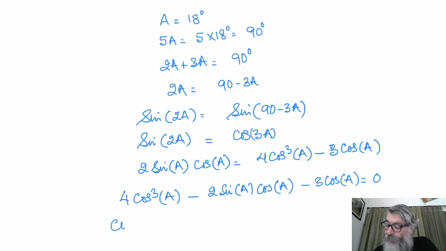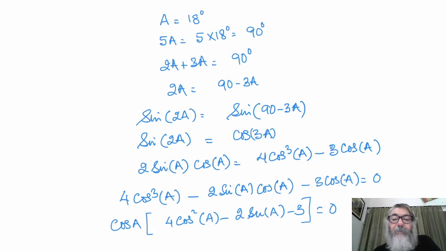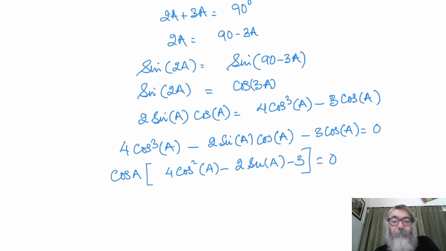I can take cos A common. It will become 4 cos square A minus 2 sin A minus 3 is equal to 0. That means I can divide both sides by cos A, because cos A cannot be equal to 0. If a number is not equal to 0, then only we can divide, because otherwise that will become an indeterminate form.